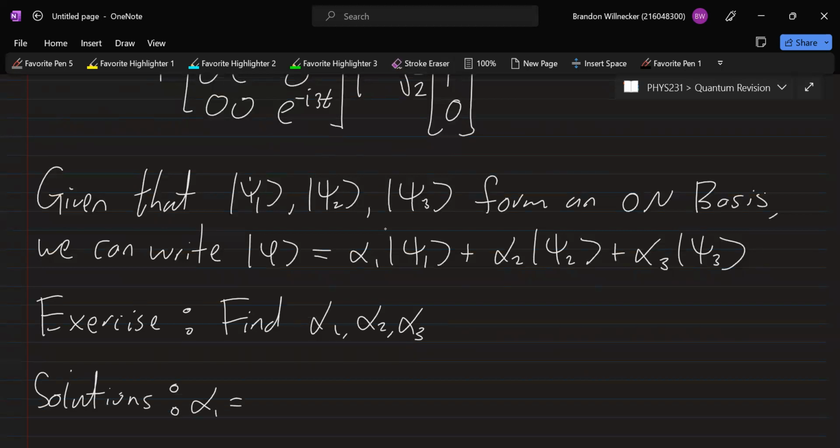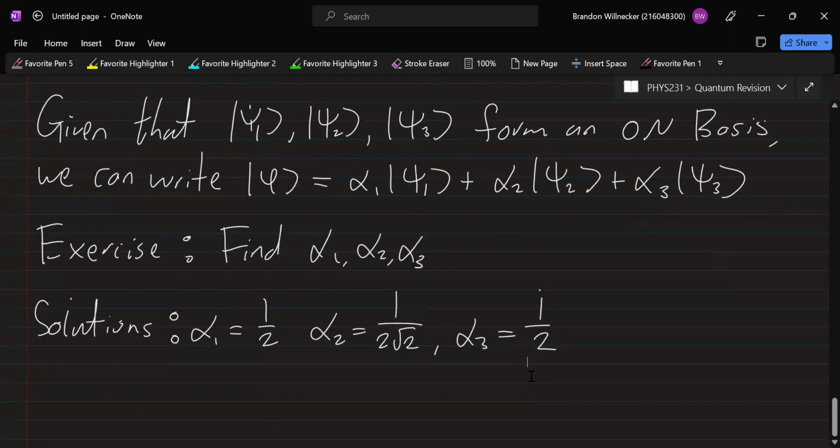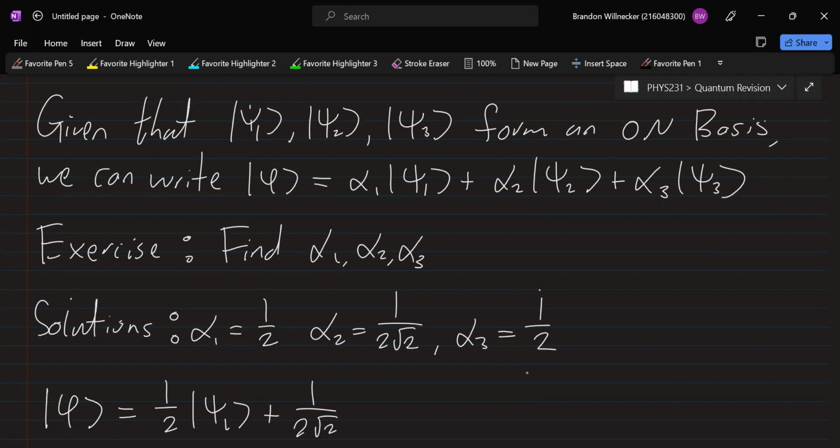Alpha 1 is going to be 1/2. Alpha 2 is 1 over 2 root 2. And alpha 3 is 1/2, same as alpha 1. So with this in mind, we can write phi as 1/2 psi 1 plus 1 over 2 root 2 psi 2 plus 1/2 psi 3.